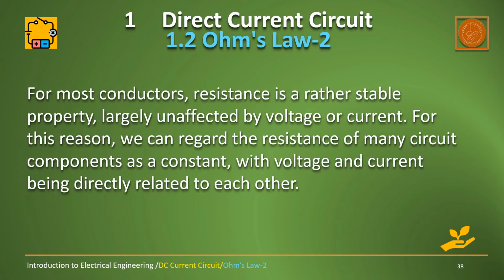For most conductors, resistance is a rather stable property, largely unaffected by voltage or current. For this reason, we can regard the resistance of many circuit components as a constant, with voltage and current being directly related to each other.